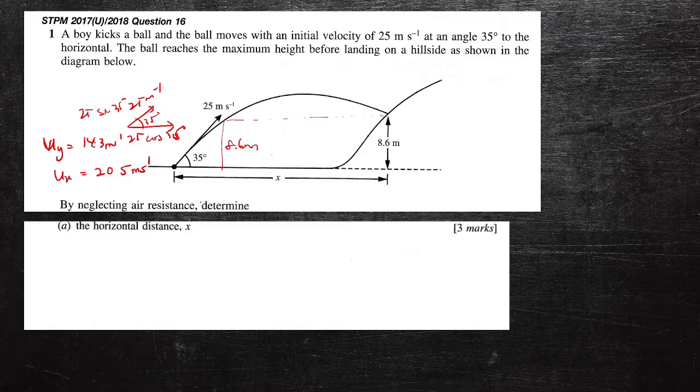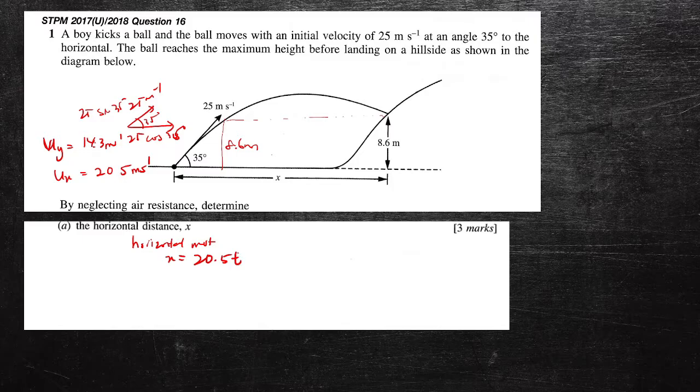Okay, so start with horizontal motion. We have x equals to 20.5 t.